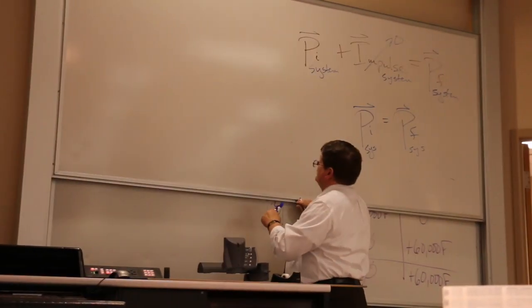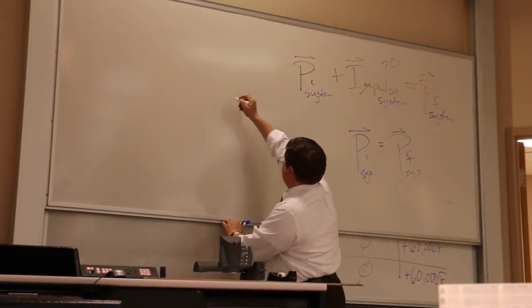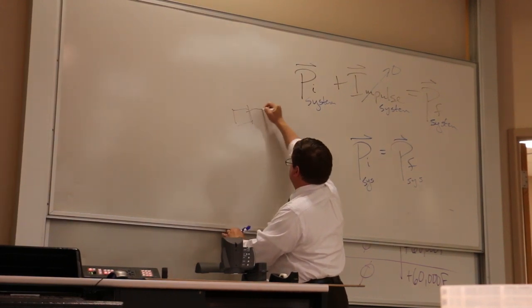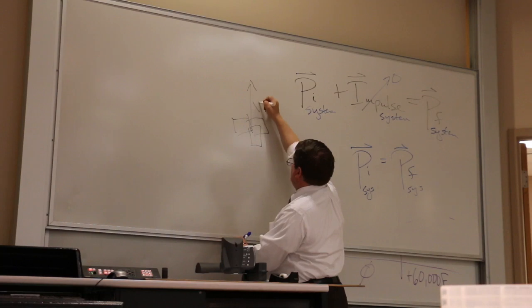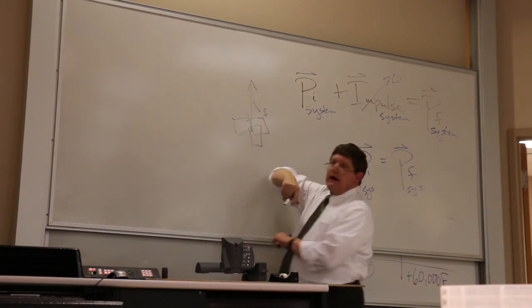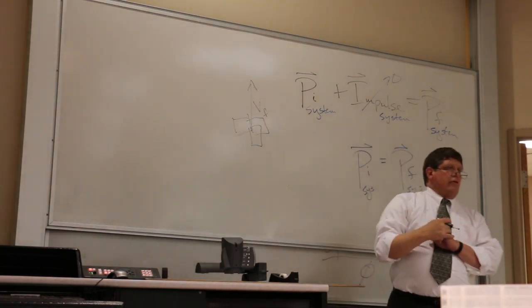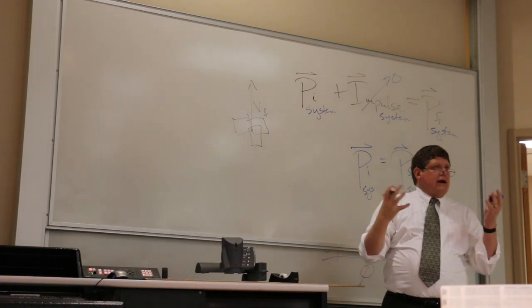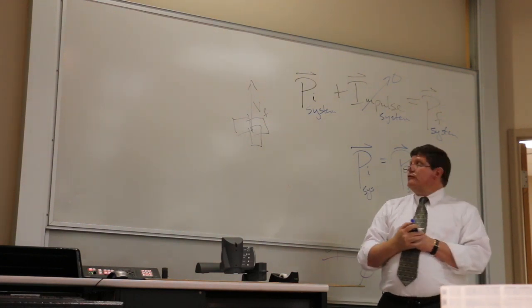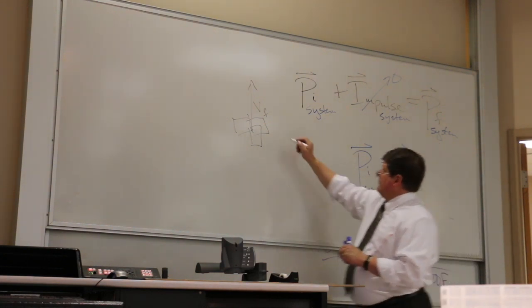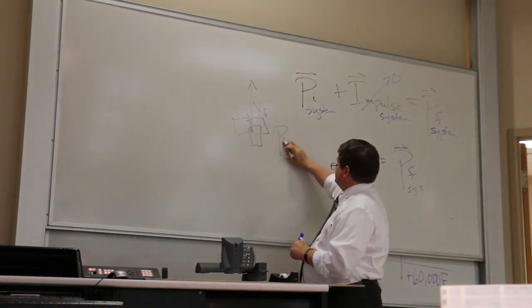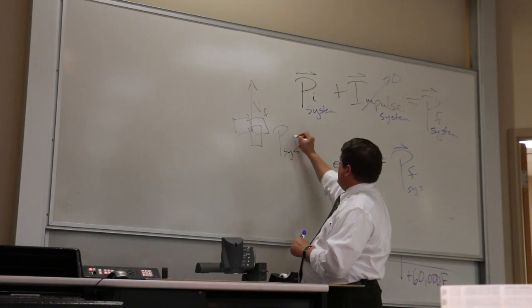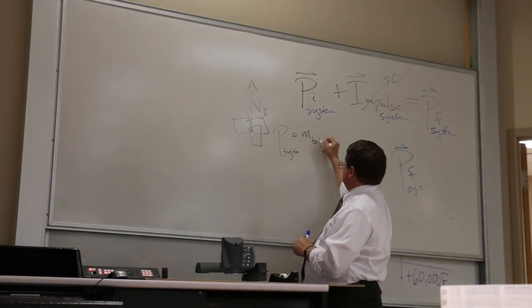So what I would do is I would take those 3 cars, mangled, and I would first of all find out how fast they're going right after the collision. And I do that by using the fact that the P final for the system is equal to M total times V final.